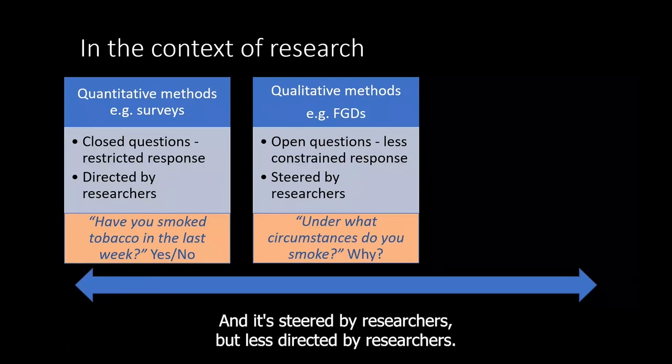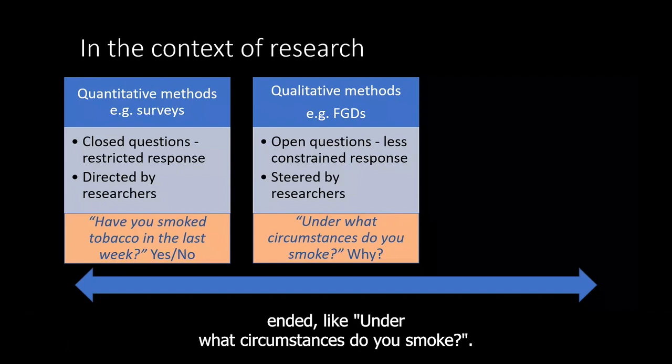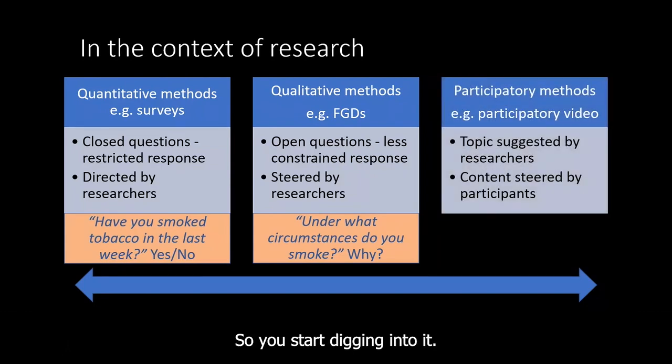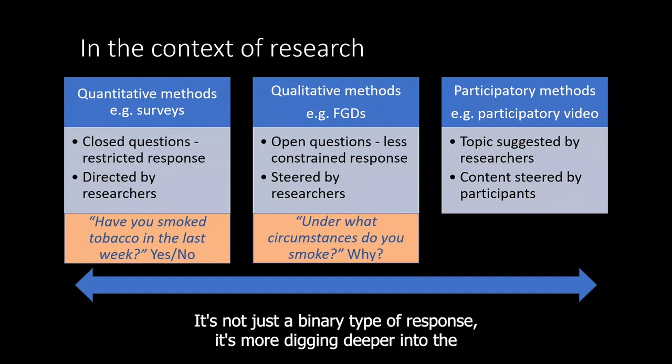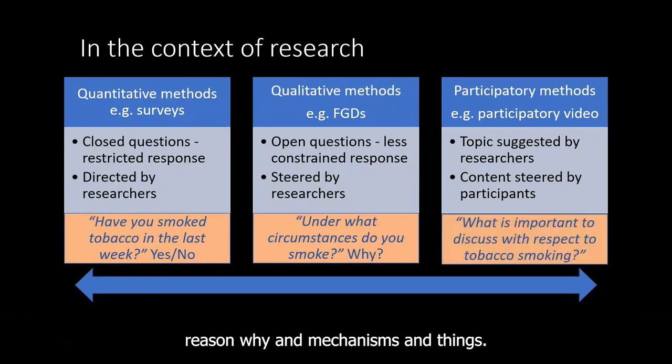It's steered by researchers, but less directed by researchers. Maybe the question would be a bit more open-ended, like under what circumstances do you smoke? So you start digging into it. It's not just a binary type of response. It's more digging deeper into the reason why and mechanisms and things.